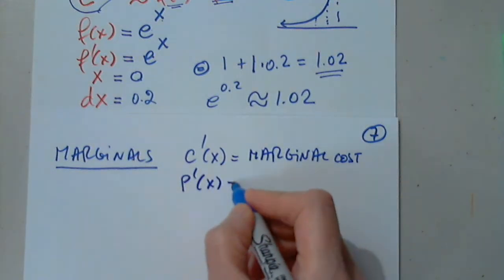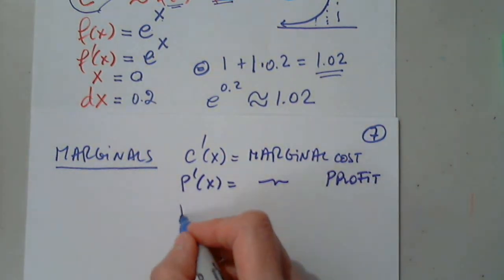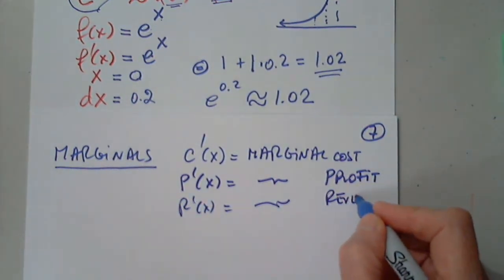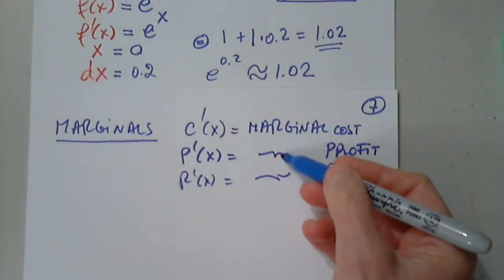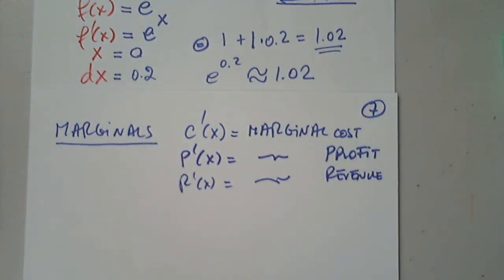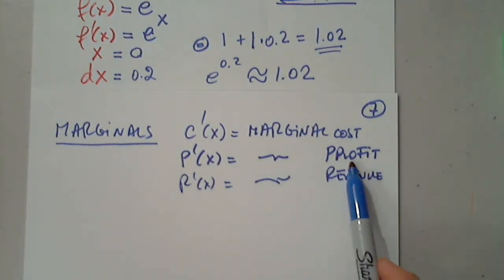P prime of x, marginal profit. R prime of x, marginal revenue. Lazy people do this when they don't want to rewrite the same word that is above. So C prime marginal cost, P prime marginal profit, R prime marginal revenue.